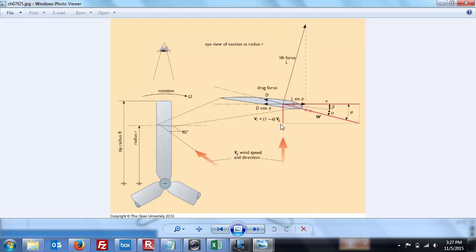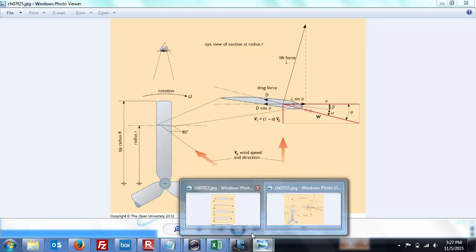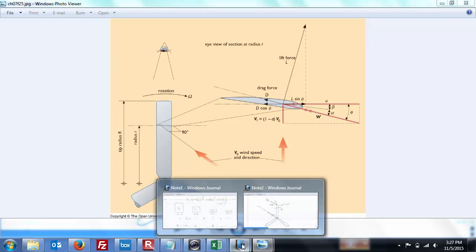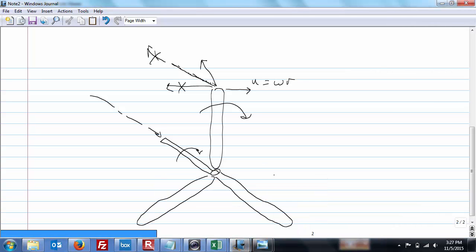Oh, okay, yeah. Let's go here. So this is V naught, and V naught equals whatever you see on the anemometer. So how fast is the wind blowing? Well, that's V naught.